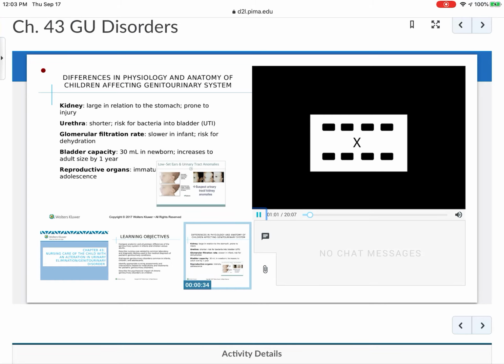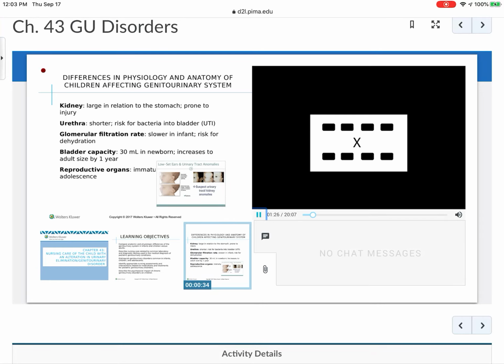The kidney is larger in relation to the abdomen, so protection of the kidney by the ribs is not as evident in children. The urethra is shorter in all ages of females compared to males, and so they're at risk for UTIs.